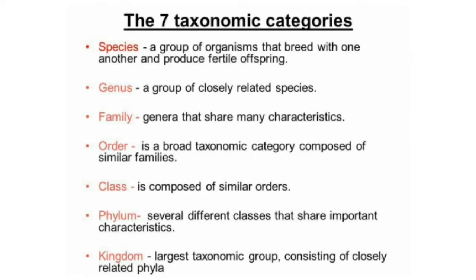A class includes organisms of related orders having fewer similarities than orders. Here you can take the example of Sapindales and Polymoniales, which are related. So they are included in one class, that is dicotyledon. These are the related orders which are placed in one class, that is dicot.